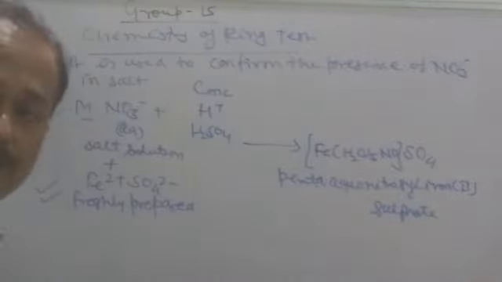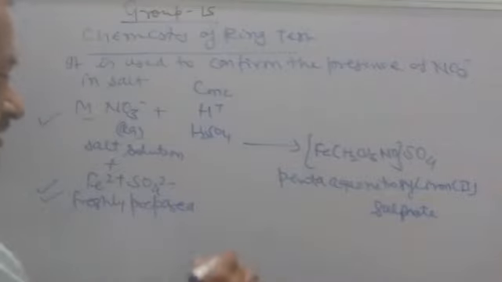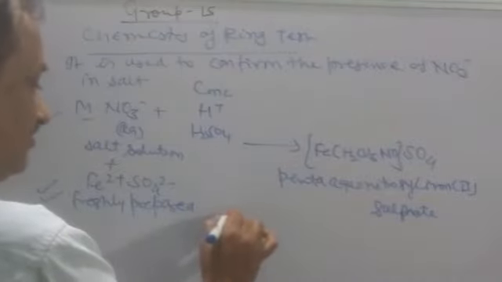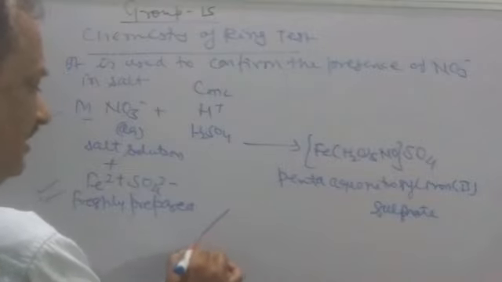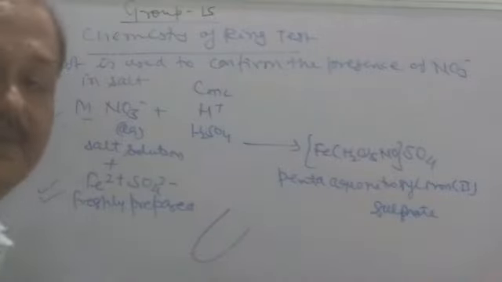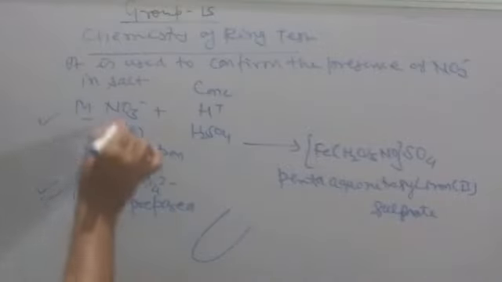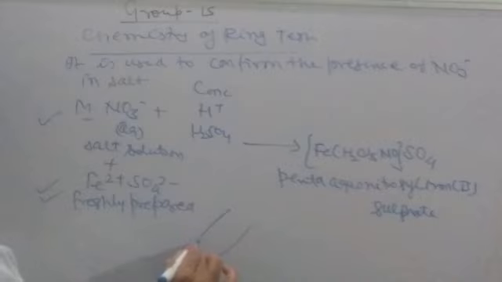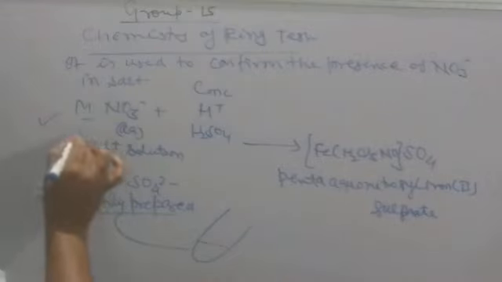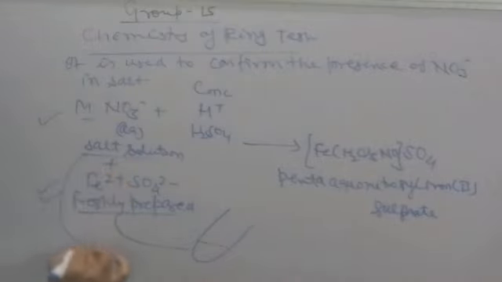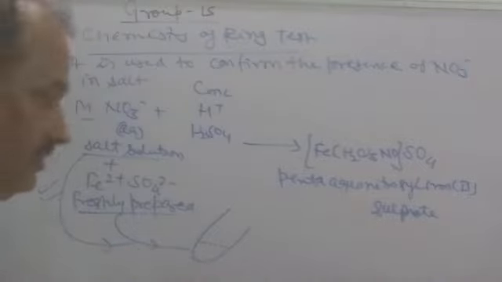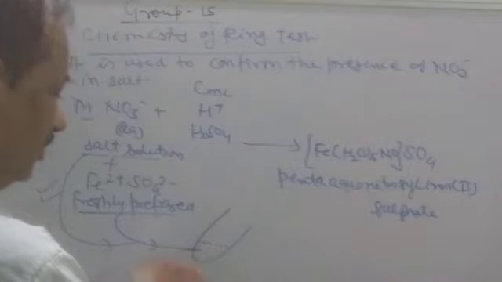So what to do? We take a test tube, and the test tube is basically bent. We keep it like this. The test tube is slightly bent, and it has the solution, freshly prepared ferrous sulfate, and then this salt solution. They are added in equal amounts. So here this is the solution.